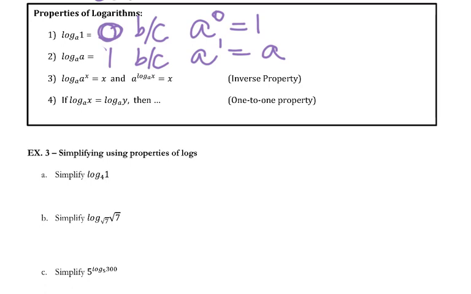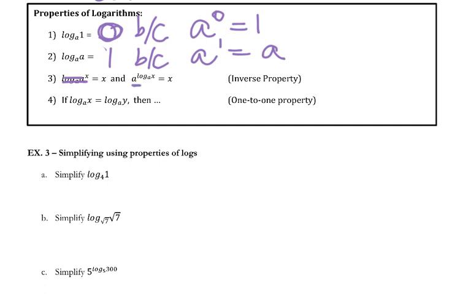Then the inverse property, we talked briefly before that logs and exponential expressions are inverses. That means they undo each other. So if you have log base a of a to the x, the log and the base a are going to cancel, leaving you just with x.